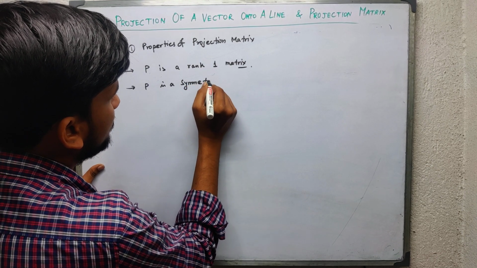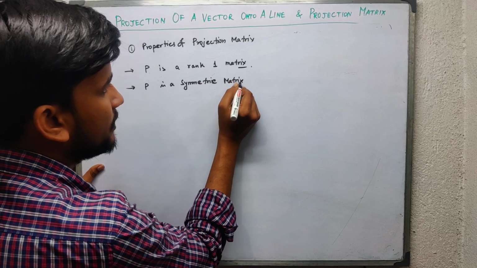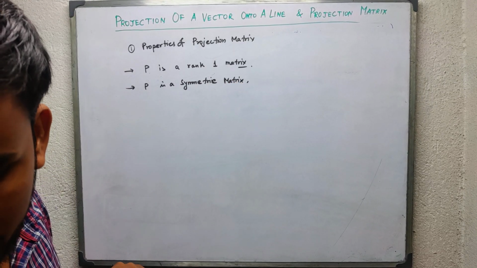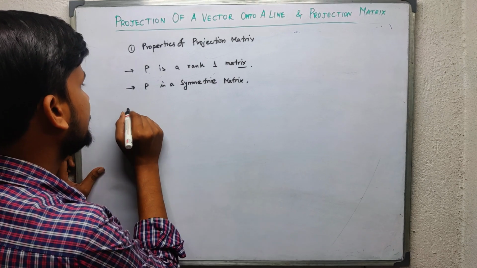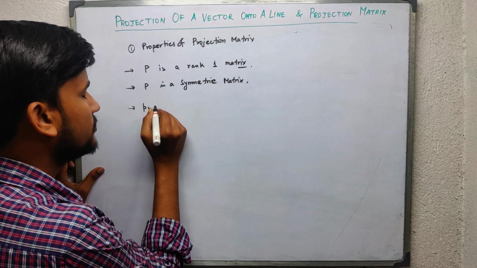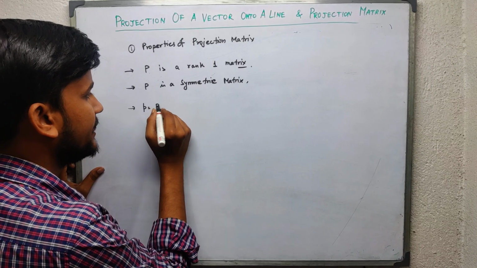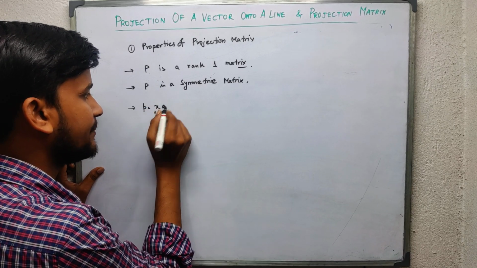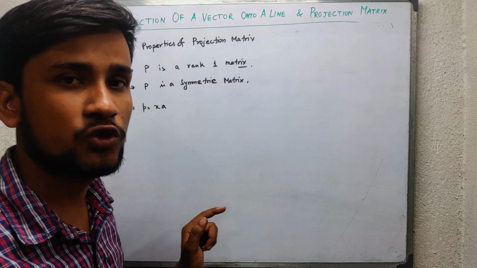always a symmetric matrix. Okay, number 2, and number 3, projecting a second time does not change anything. See, P equal to x into A. So this is the projection. Now if we project this vector a second time, then there is no change.